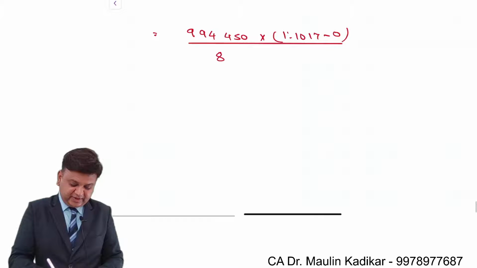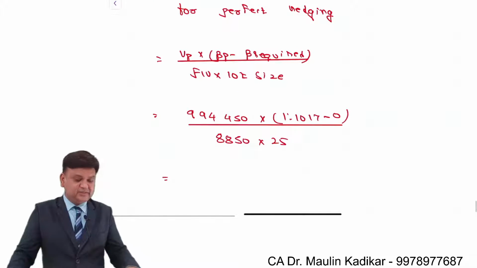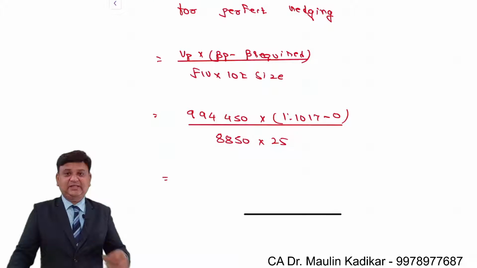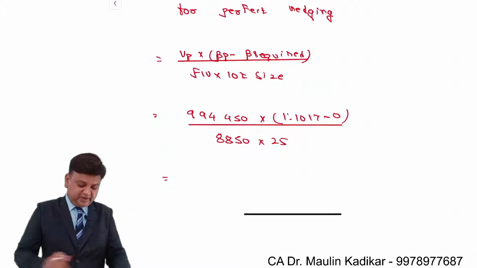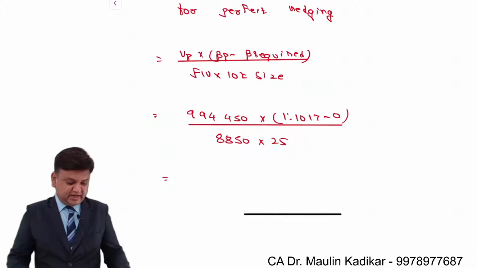Whatever the index value that we have calculated, that is a theoretical one, so we cannot use that one. 9,94,450 into 1.1017 divided by futures index value into lot size. That is the way we will make the calculation of the answer.